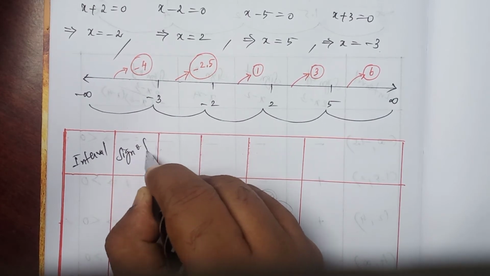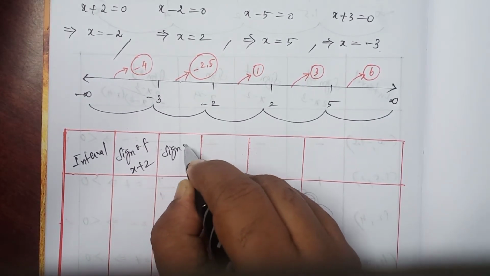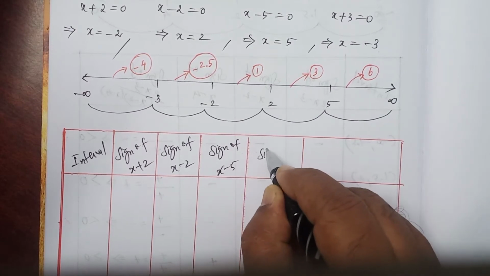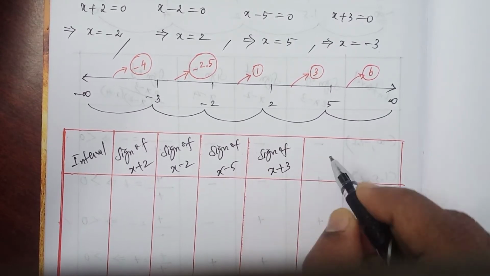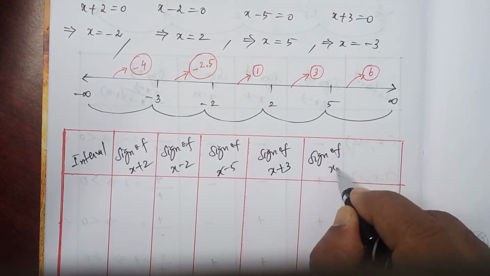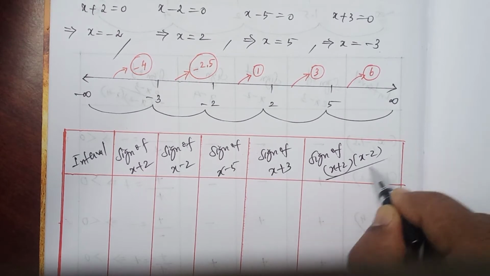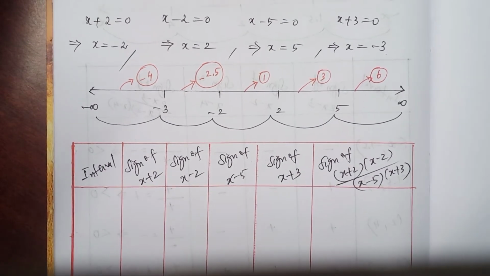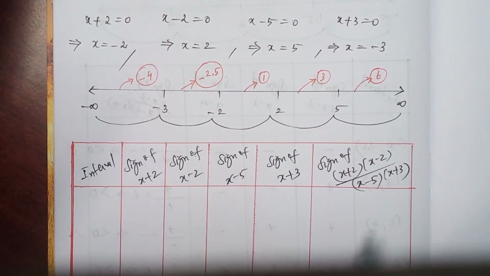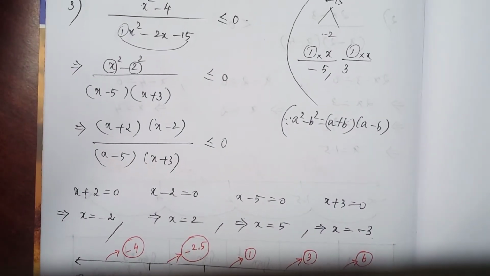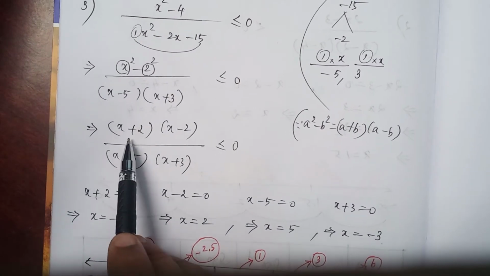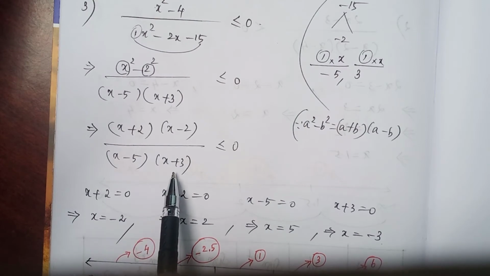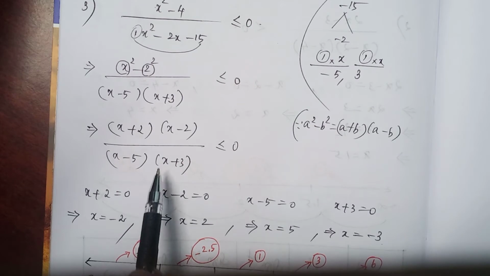Second, sign of x plus 2, then sign of x minus 2, sign of x minus 5, sign of x plus 3, and the last column, the sign of the entire expression, x plus 2 into x minus 2 divided by x minus 5 into x plus 3.